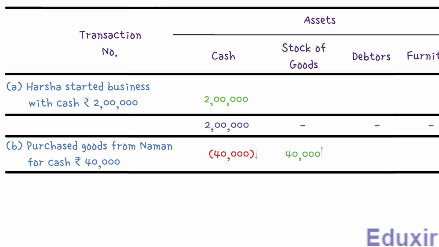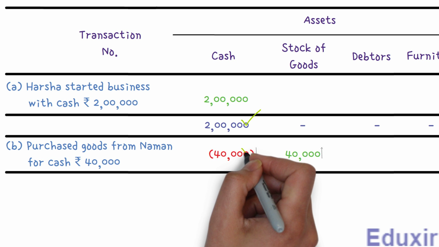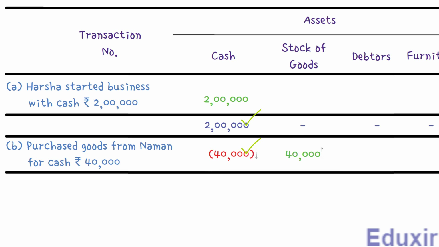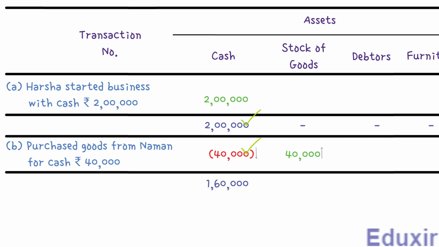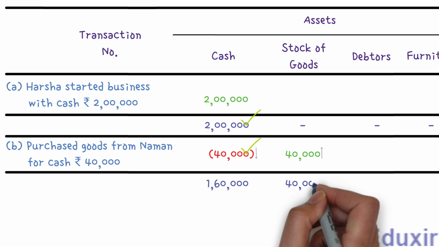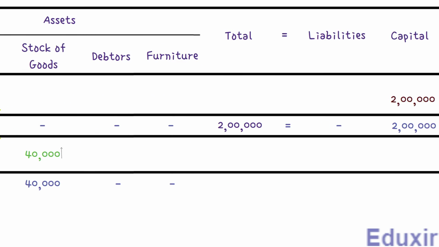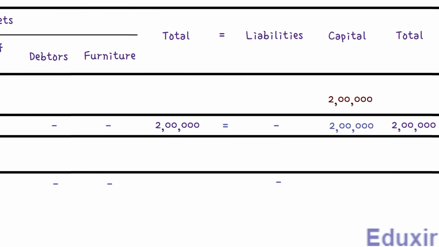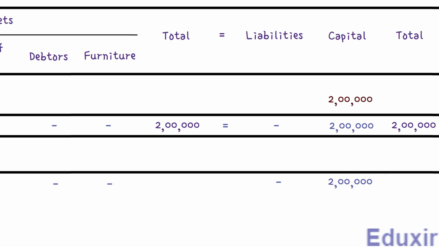At the end of this transaction, from 2 lakh rupees of cash available with the business, if we subtract 40,000 rupees worth of cash, the business will have 1,60,000 rupees of cash. Now the goods available with the business are 40,000 rupees worth. No debtors yet, no furniture yet, and there are no liabilities yet, and also there is no change in the capital and it remains the same as 2 lakh rupees.